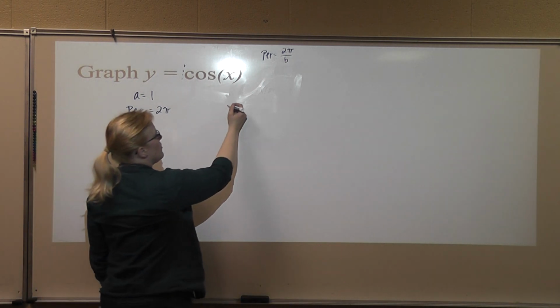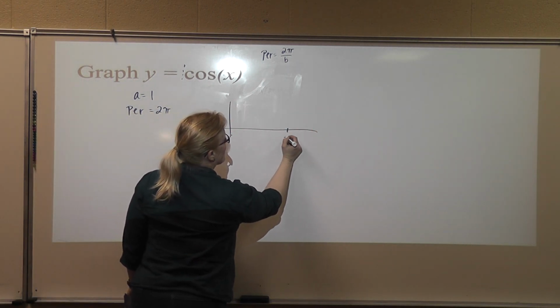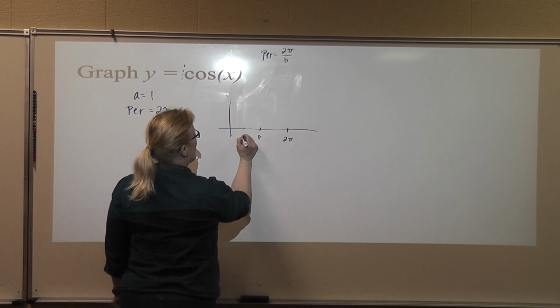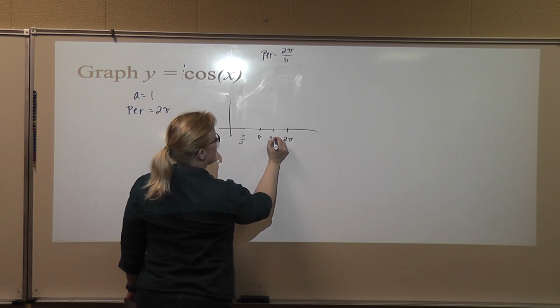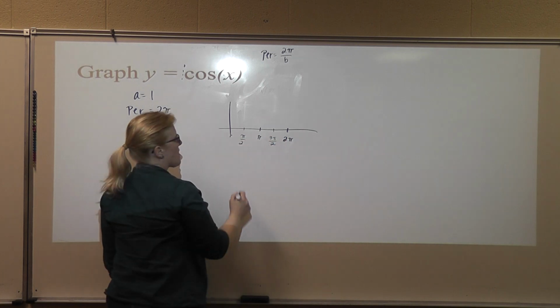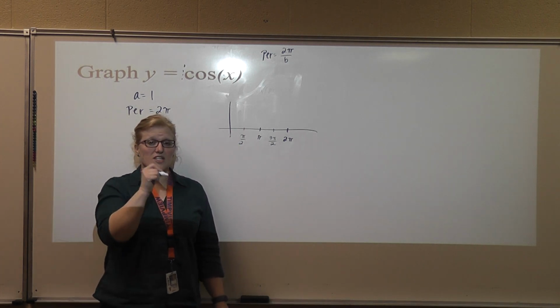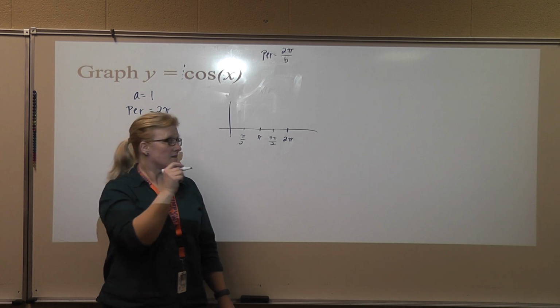Okay, so here's my graph. Here's 2 pi, here's pi, I'm going to cut it in half again. Pi over 2, this is 3 pi over 2. All right, and remember, cosine's a little different. It doesn't start at 0, 0. It starts at 0, 1.